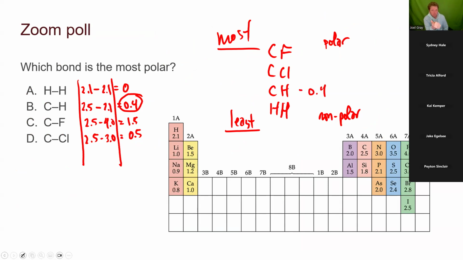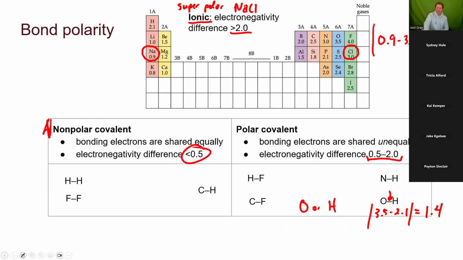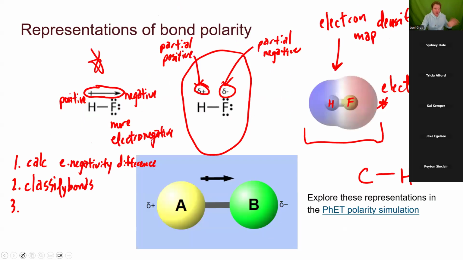Is it polar, nonpolar, or ionic? Add it to the chat. It's less than 0.5. Nonpolar. Great job, everyone. So that's a nonpolar bond.